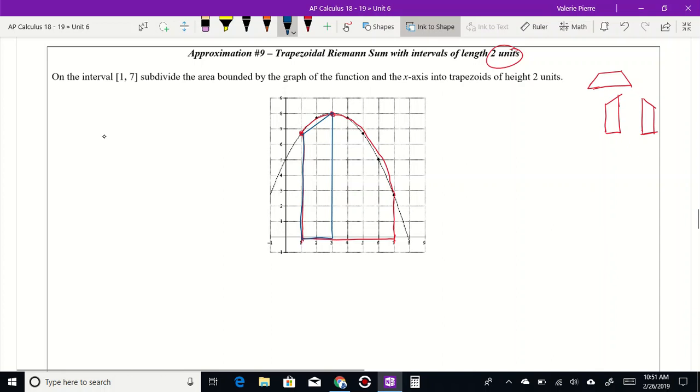Okay, so the whole point of trapezoidal Riemann sum is that the 2 endpoints of your length are both included on the actual curve. Okay, so for our next trapezoid, we're going from 3 to 5. So the point f of 3 and the point f of 5 are both going to be included. Okay. And then from 5 to 7, so f of 5 and f of 7 are both included.